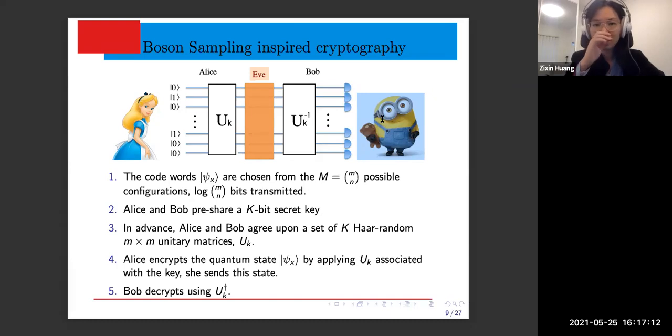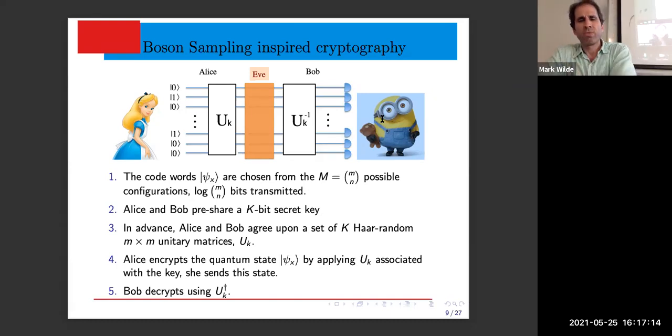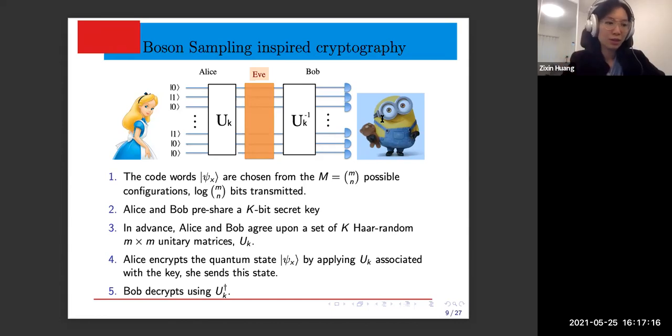In the security proof, depending on the dimension of the Hilbert space and the security parameter, you can choose a net of these unitaries so that they are close to your metric by some distance.